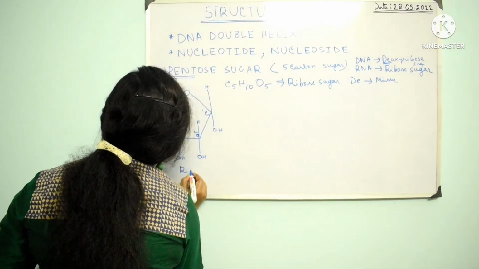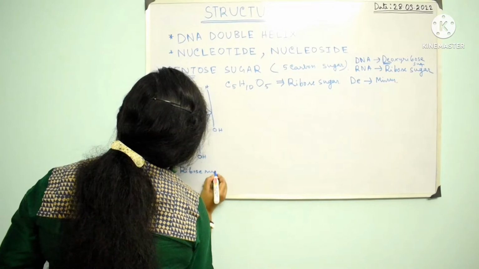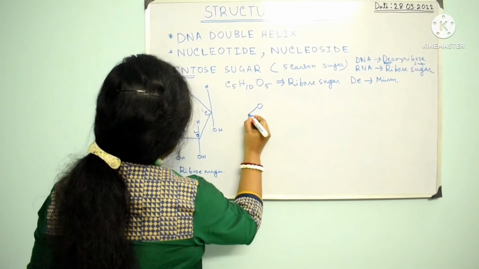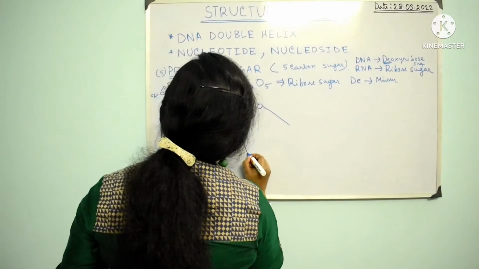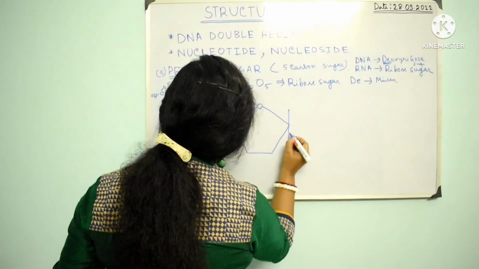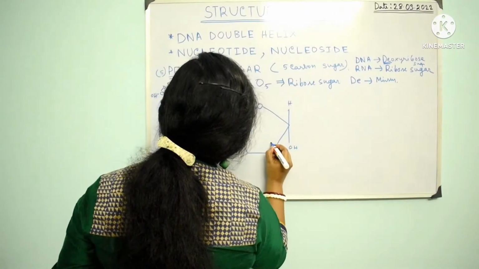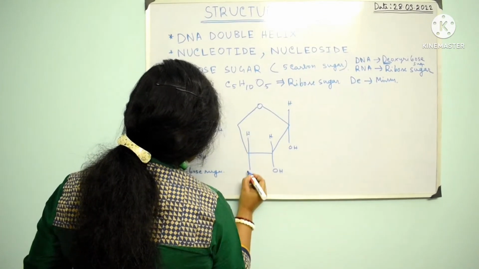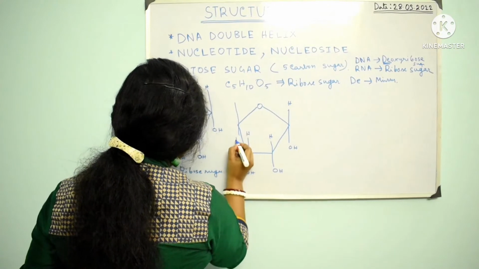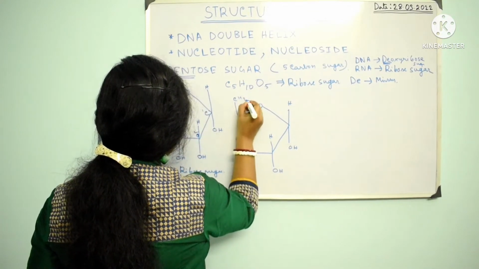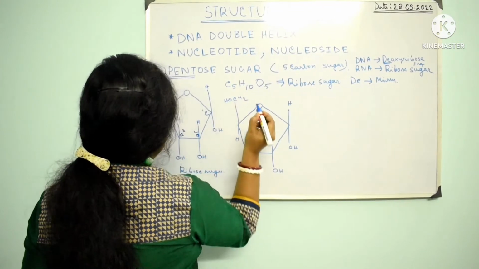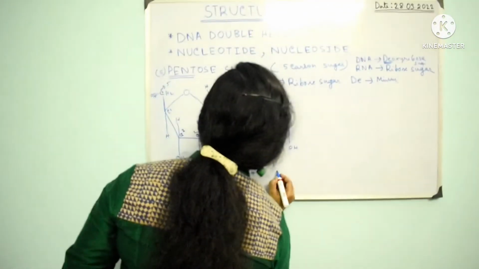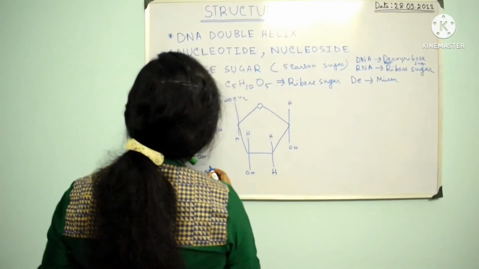This is ribose sugar and let's draw again deoxyribose sugar. This oxygen will be eliminated.